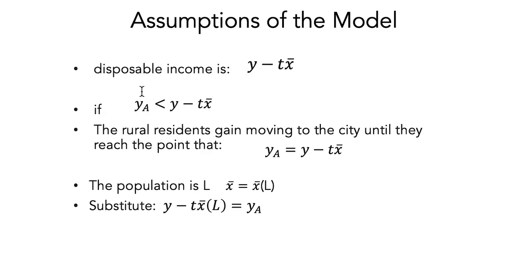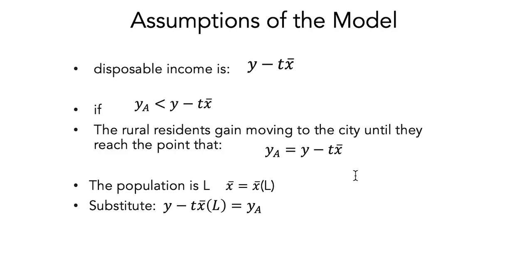When the income in the rural area is lower, people will start migrating to the city until we reach a point where Y agricultural is equal to Y urban minus t times x bar, where t is the commuting cost per mile, and x bar is how many miles you have to commute. If you are in the farthest part of the city, then you have a commute equal to x bar.